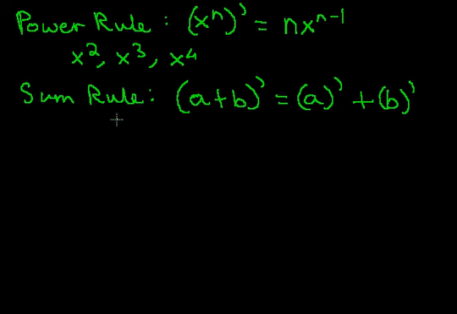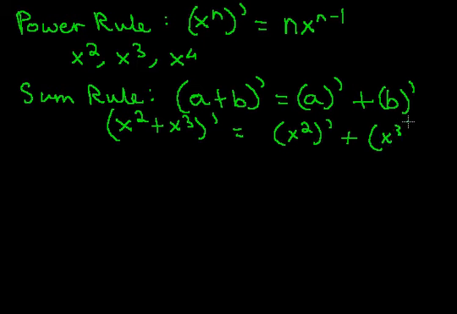So use this when you have, say you had x squared plus x cubed prime. You could break this down and you could do x squared prime plus x cubed prime. And then you could solve each one separately using the power rule, just like up here.